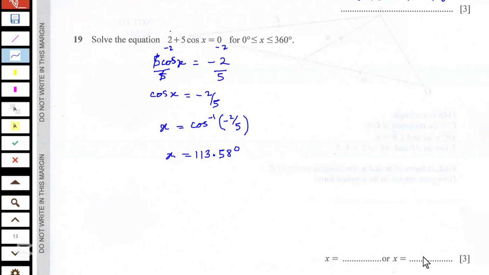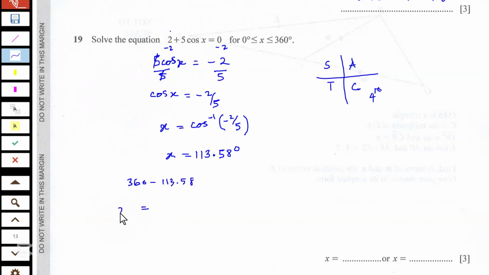Now we're expected to find a second value of x. And the second value of x shows that cosine is negative. And from our trigonometry, we have ASTC, which says that cosine is negative in the fourth quadrant. So because cosine is negative in the fourth quadrant, we can now find the second value by saying x is 360 minus 113.58.